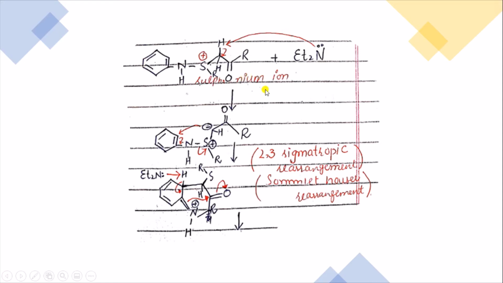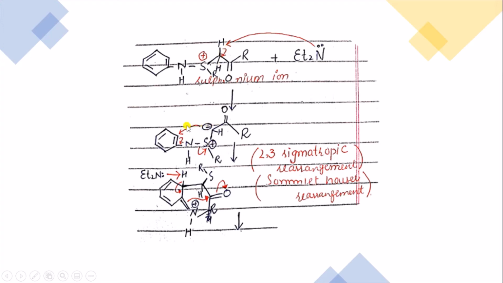This is our sulfonium ion, and in the next step it will be attacked by this base, which will attack this hydrogen. This hydrogen will transfer its proton toward this carbon, so this carbon will get negatively charged.